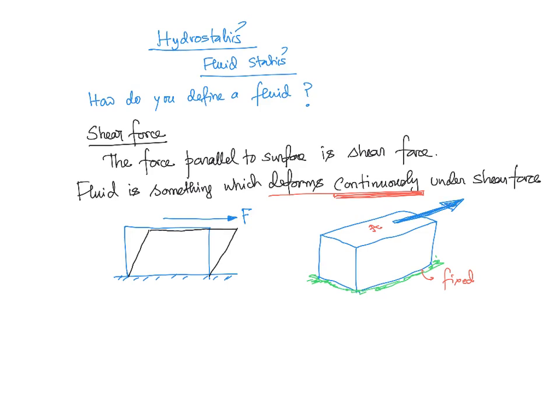So this force parallel to the surface is known as the shear force. And how does this deform? How is the final position of the solid? It is somewhat like this. By this black, I am showing the final position of the solid after deformation.